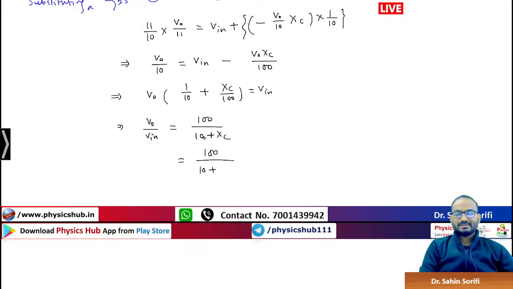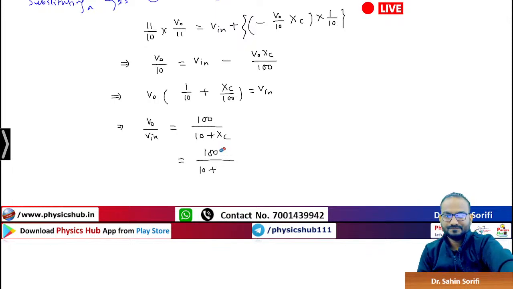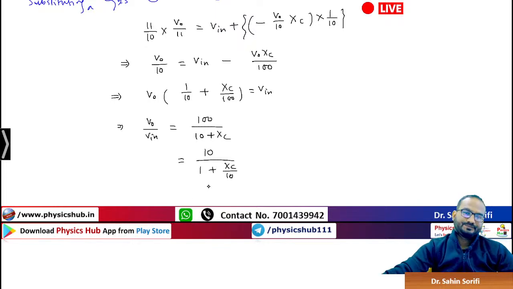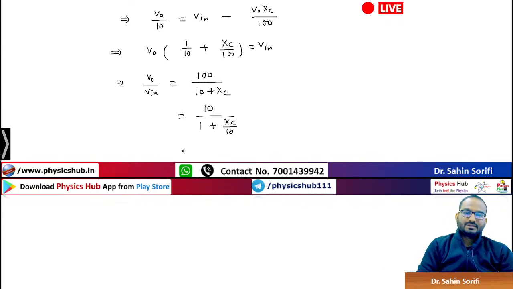Let's take 10 common, 10 gets cancelled from both numerator and denominator, so we write 1 plus XC by 10. It's getting lengthy, but you can see it is very easy.